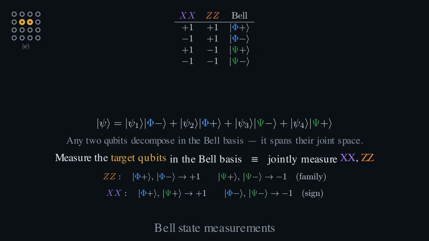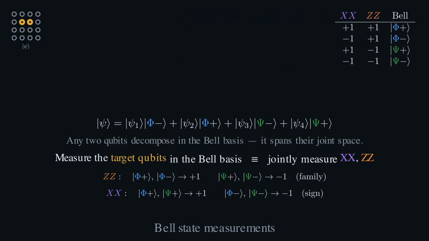For this reason, we can shorthand refer to the operators as the family and sign operators. Now we'll talk about how this is implemented in an optical system, but this is just the sort of mathematical backdrop for a Bell state measurement.